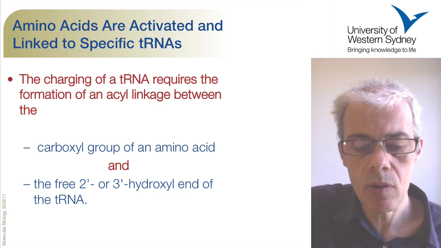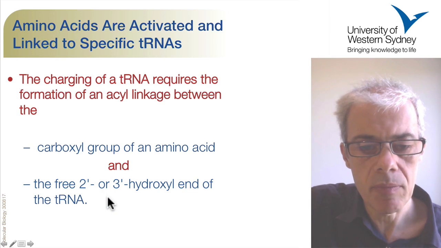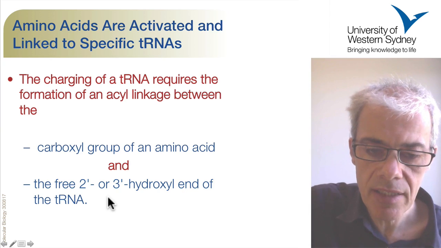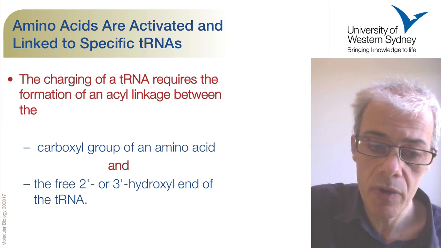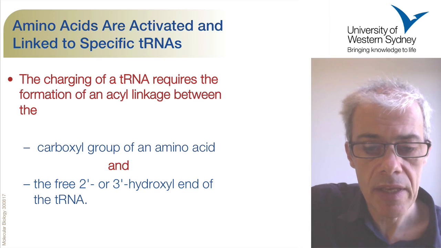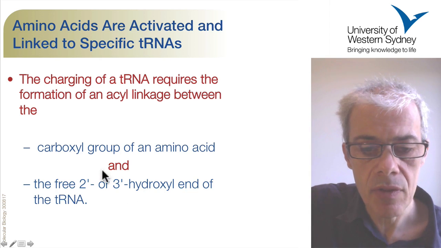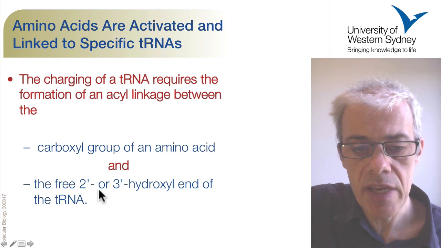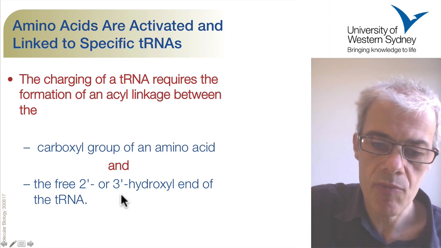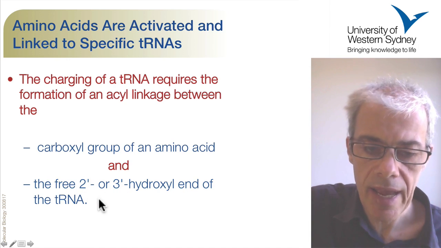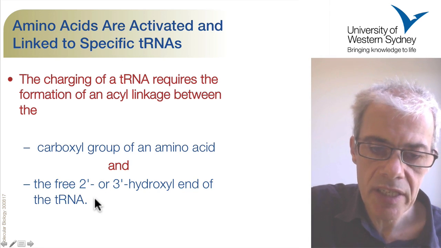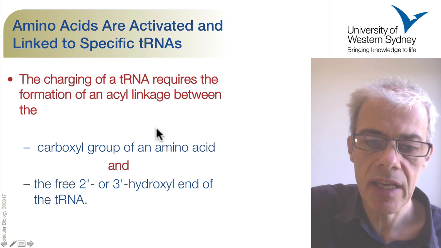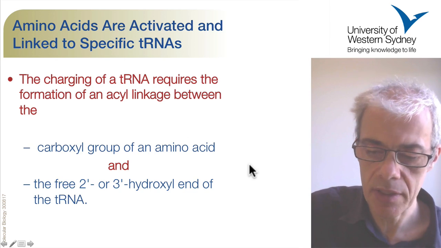So if you recall from what you know about nucleic acids, the backbone consists of a sugar phosphate backbone with bases attached. At the end of the transfer RNA, there's a sugar with a free 2' and 3' hydroxyl. Now, at this sugar will be attached an amino acid at the carboxy group of the amino acid.